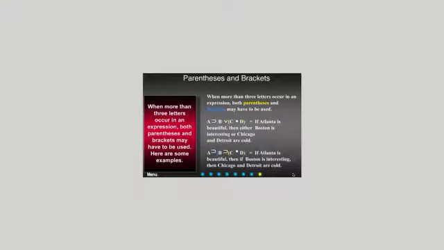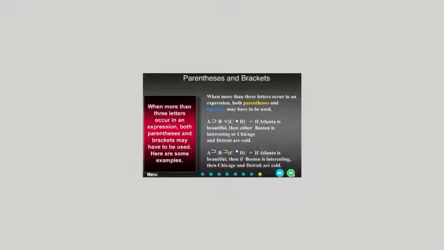Parentheses, this is where it gets difficult. Both parentheses and brackets may have to be used. Okay? So the brackets, unlike in English grammar, like when you're doing a quote within a quote, the brackets actually go outside the parentheses. Okay?